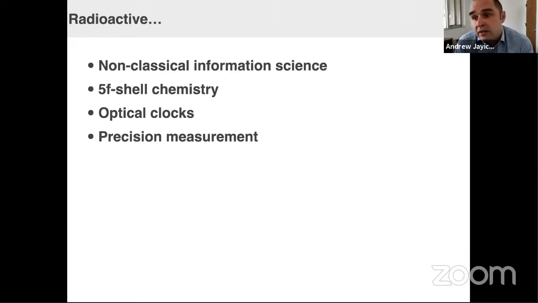But now that we've really lowered the bar, our lab, except for a couple of stickers, looks like a normal atomic physics lab and operates like one. And we're only lowering that barrier to entry more as we go further. Of course, because it is radioactive, and as I'll discuss, given its place on the periodic table, it really does offer some unique opportunities. I'll talk primarily about these last two points with the real focus on precision measurement, because I think that will provide the most generic, strongest motivation for our science. It's what I'm really excited about.